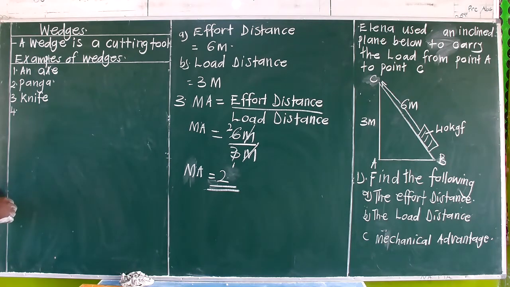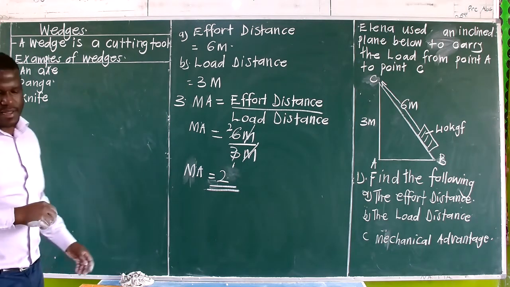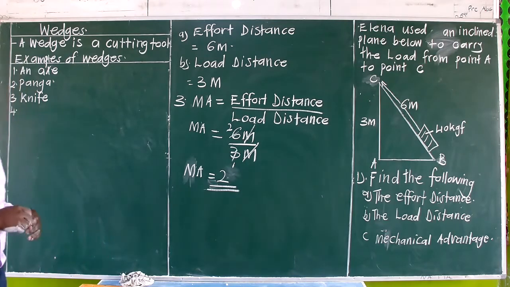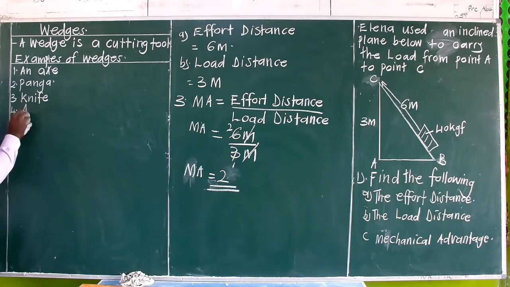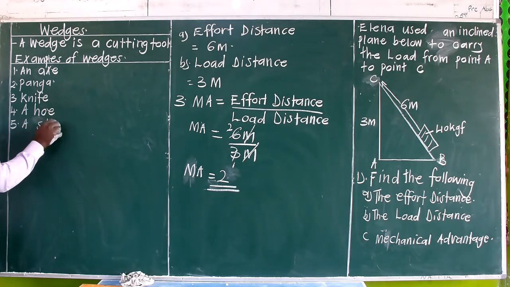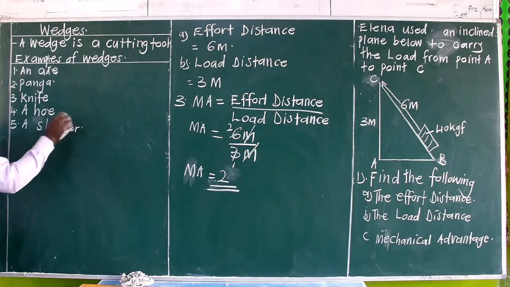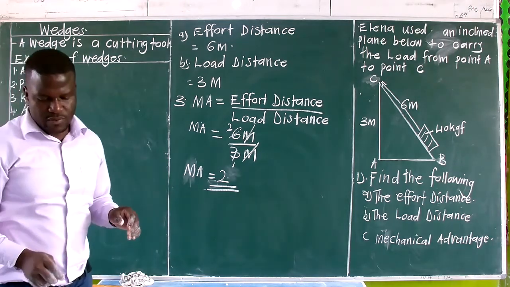An axe, a panga, a knife, a hoe, a slasher, all those are examples of wedges.